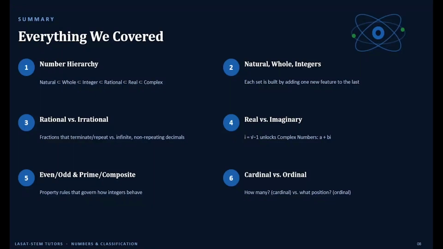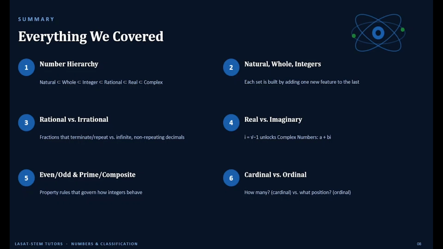So we've seen the hierarchy of numbers: all natural numbers are whole numbers, all whole numbers are integers, all integers are rational numbers, all rational numbers are real numbers, and all real numbers are complex numbers. So they are all part of each other. The smallest set is natural numbers.